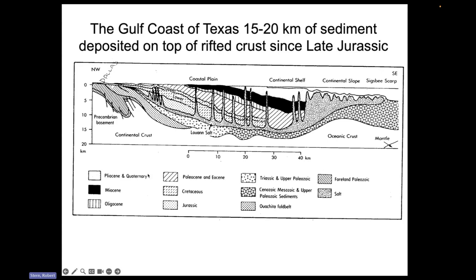We talked a little bit about the Eocene Wilcox, right? So that Wilcox would be maybe this unit here. So you can see the sediments are getting younger upwards and towards the ocean, right? Now, here's continental crust, here's oceanic crust. This unlabeled area under here is the transitional crust.